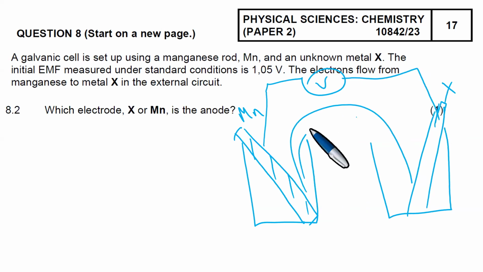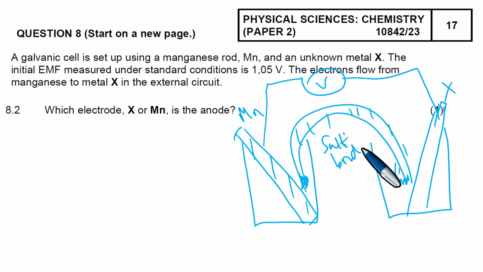To complete the circuit, you put your salt bridge. You put a tube, and inside this tube you put a solution, called the salt bridge.